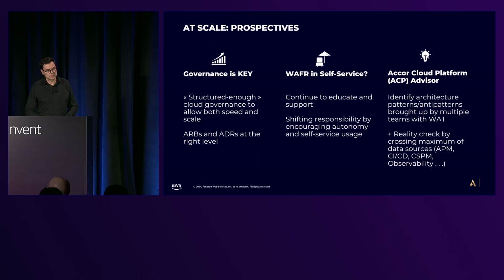Perspectives. We have a strong focus on our CBO maturity to rightly serve the business. It should be structured enough to find the right balance between governance and autonomy, and to be able to give more space to teams. We also need to manage the right level of IRB, because making those architecture decisions, you can go very deep on each detail, each decision.